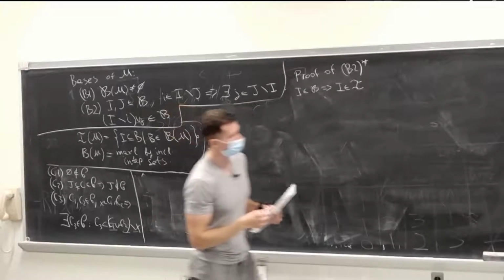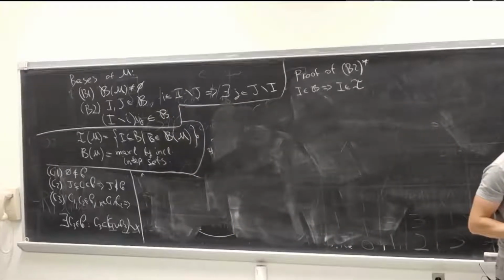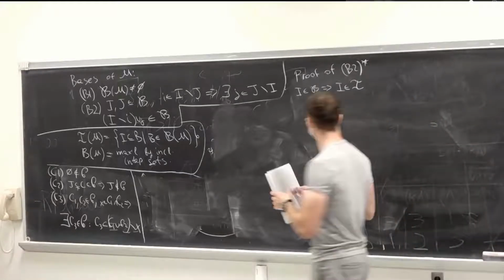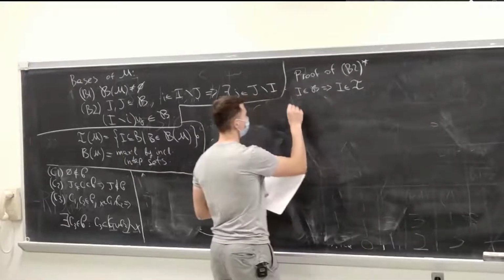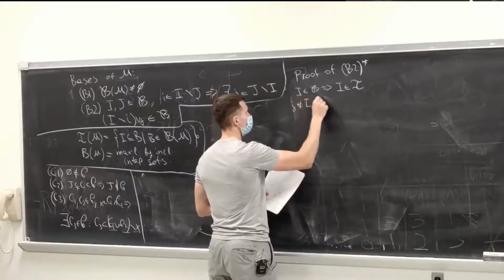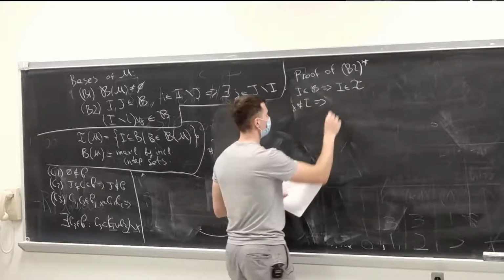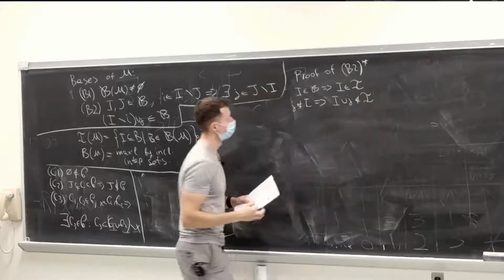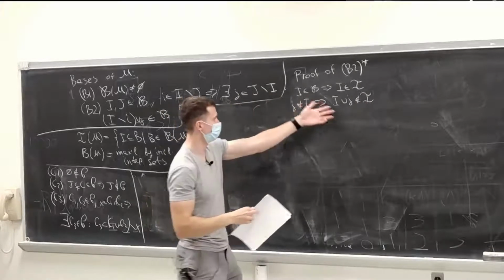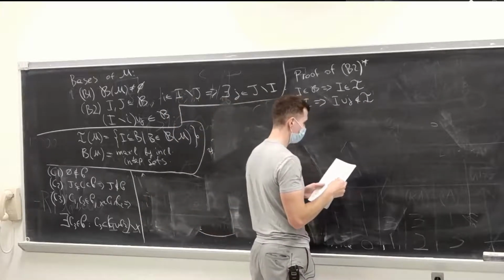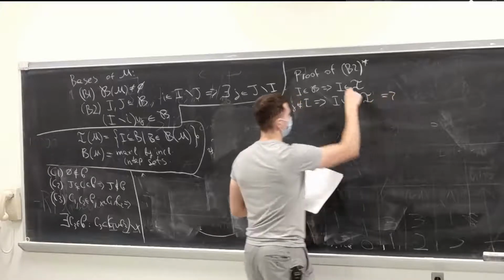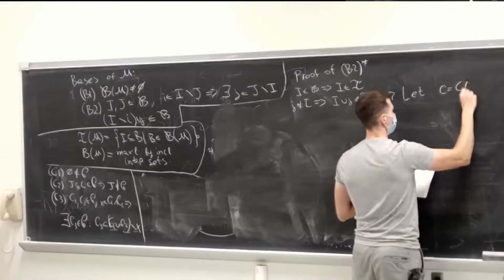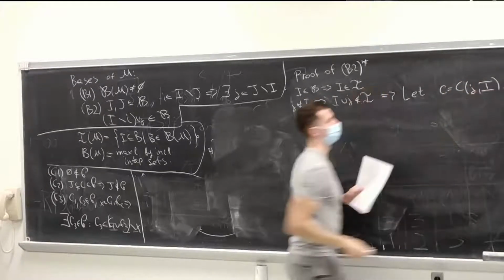And I also have an element j, which does not belong to I. If I add j to I, what do I get? I get a dependent set, because I was a basis. You can't add anything to a basis and still be independent. Okay, and therefore I have these two assumptions. So let me denote by C the corresponding circuit.